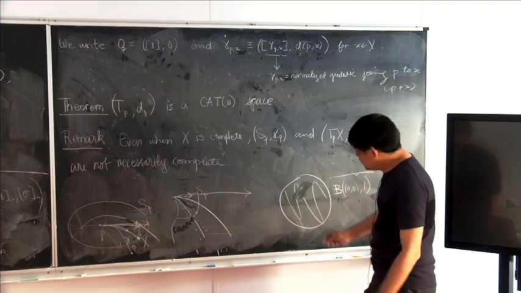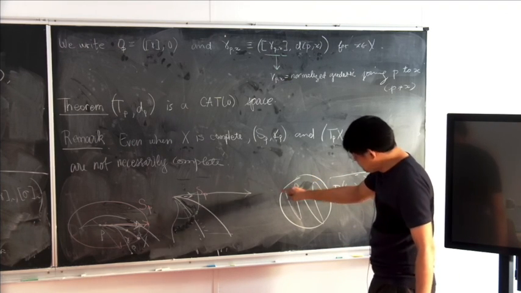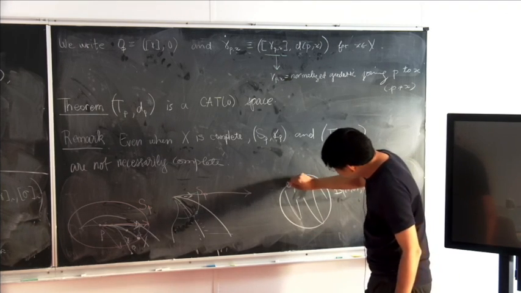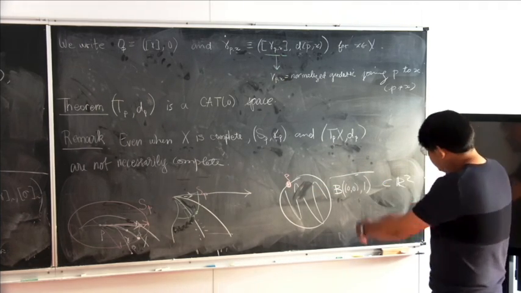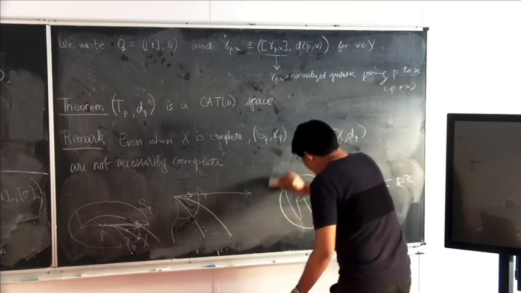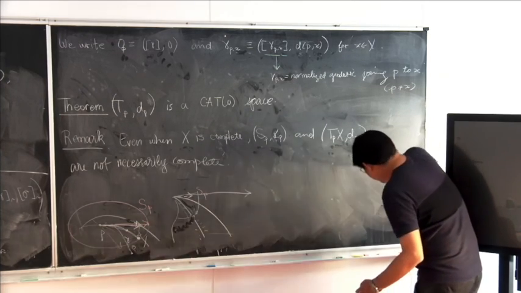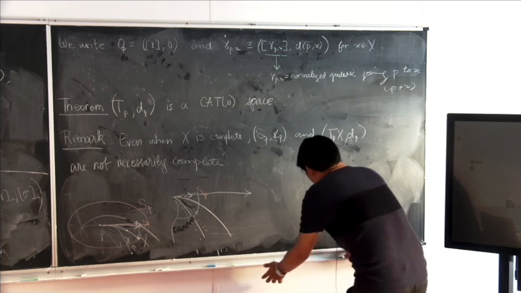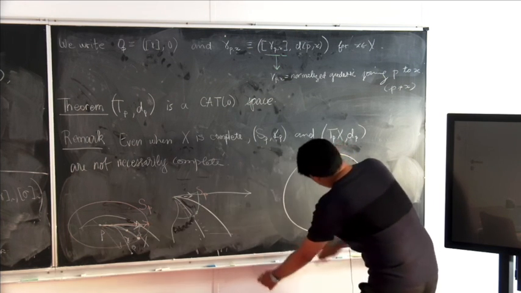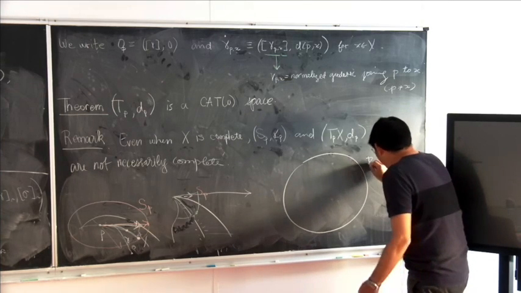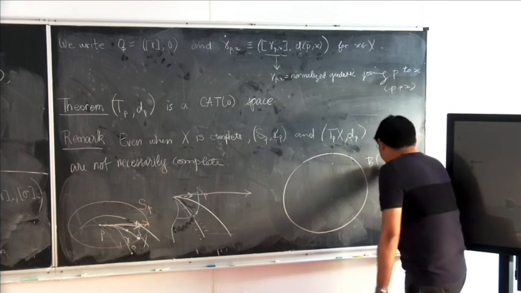Now I take any point P at the boundary. Maybe I have to emphasize this a little bit, otherwise you will not be convinced. Okay, still not a circle, but better. You can see the curve more clearly.